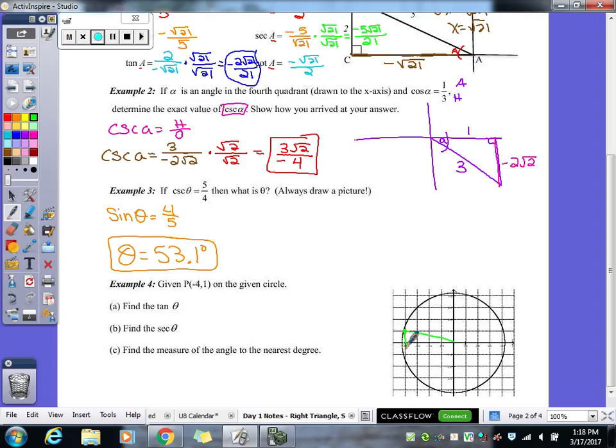The length of the bottom of our triangle is what? Negative 4. It's your x value from your point. The length of this one vertical piece here is 1. That's not a triple.